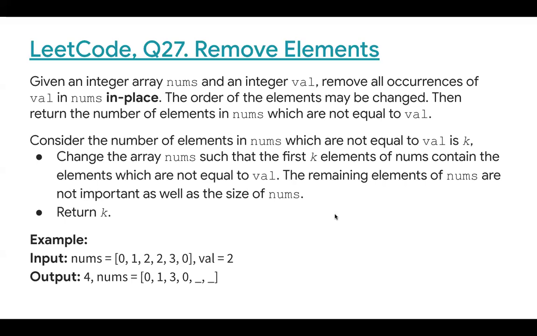So one way to solve this problem is we can create a new array, and then for each element in the given array nums, we check whether the element is equal to val or not, right? If it's not equal to val, we simply copy that element to this new array.